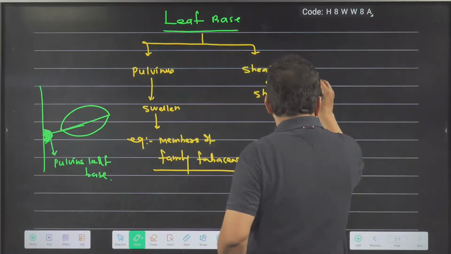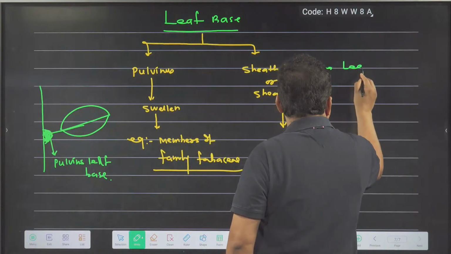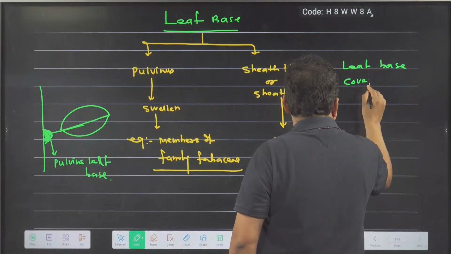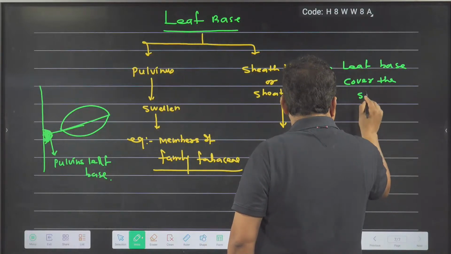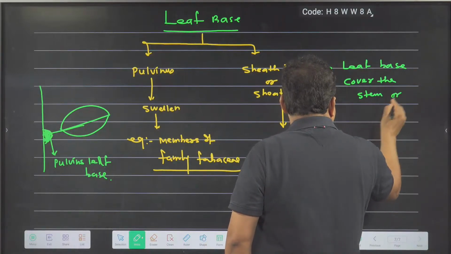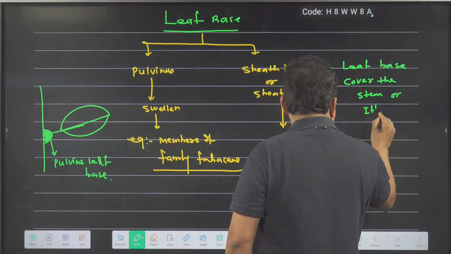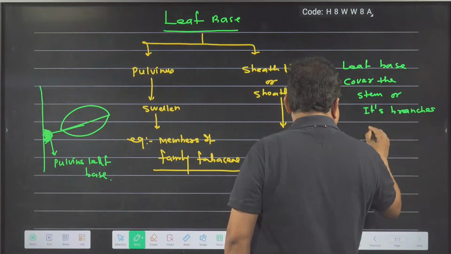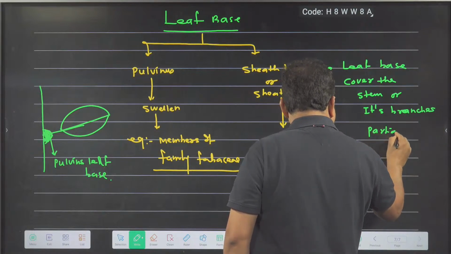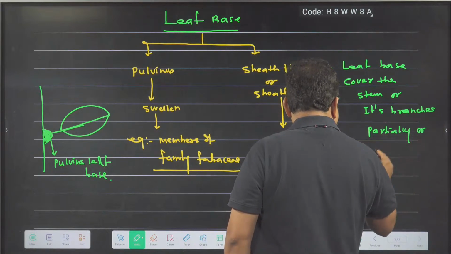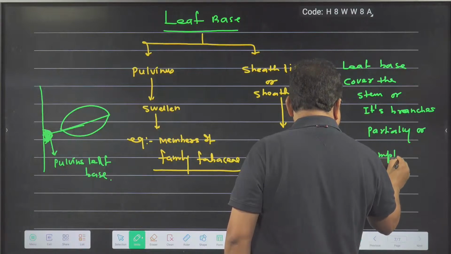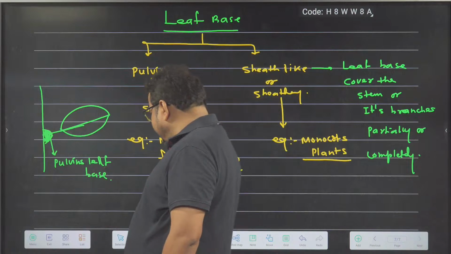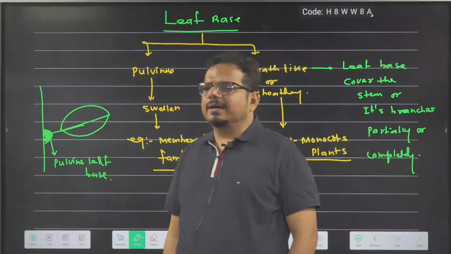In sheathing leaf base, the leaf base covers the stem or its branches wherever it is present, partially or completely, totally. What is the idea? It is either covering the stem partially or completely.